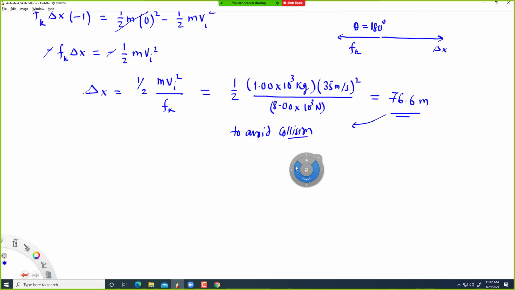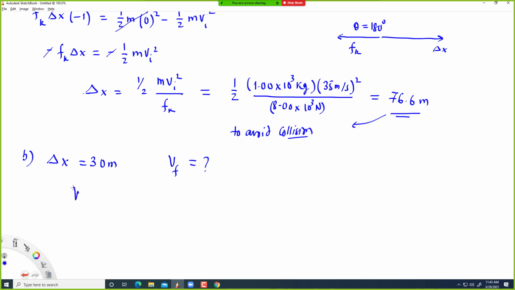So number 5, part B. Delta x is 30 meters. And we want to find the final speed at which the collision occurs. So exactly the same kind of problem.